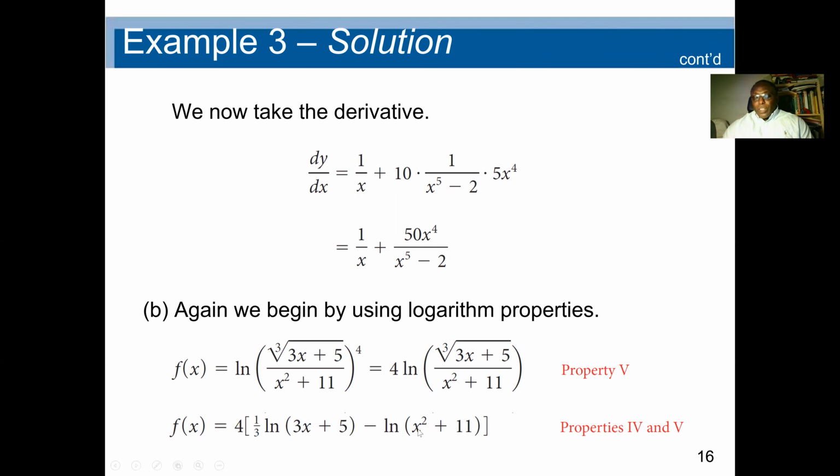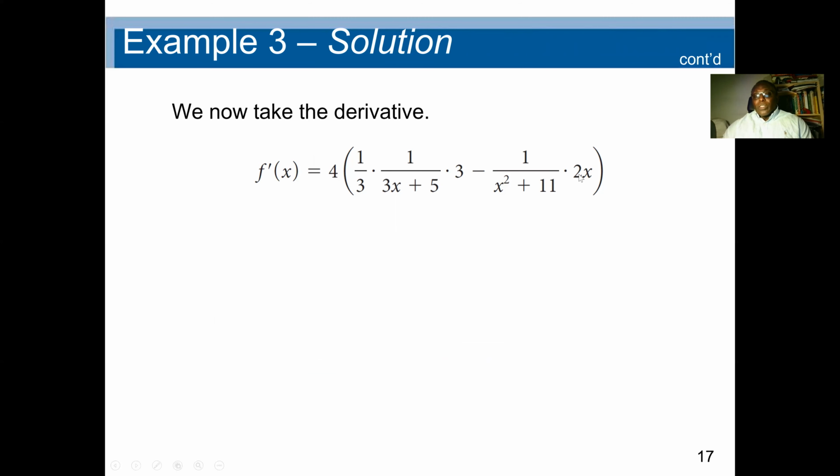The derivative of x squared is 2x. And that's what we have here. The derivative of 3x plus 5 will give me 3, so we cancel the 3 out. We get 1 over 3x plus 5 minus 2x over x squared plus 11.